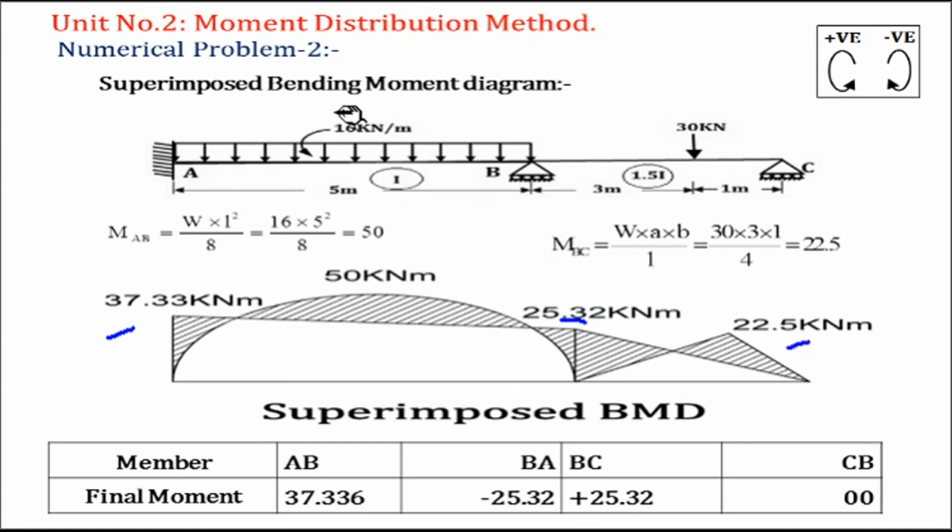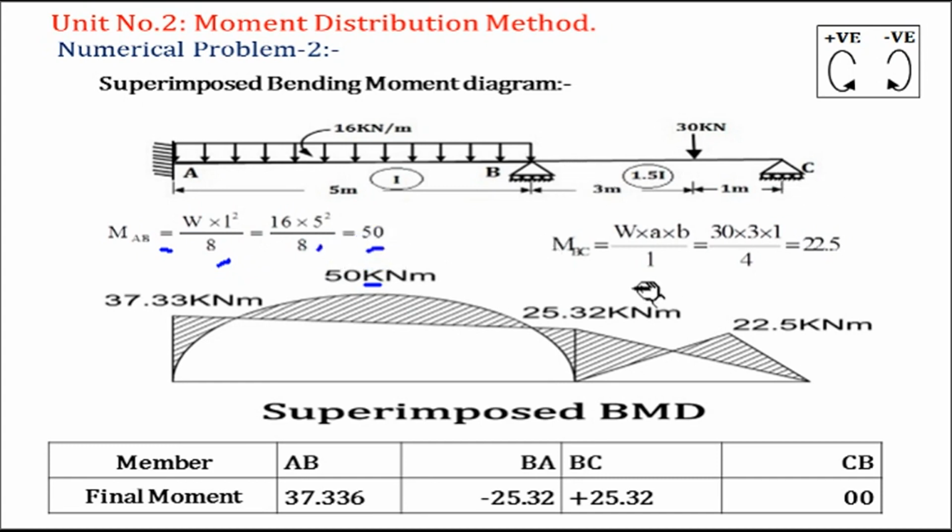Now next, after showing the fixed end moment, now show the free bending moment diagram. So how to find out? For UDL, free bending moment diagram is a parabola. So WL square by 8. W is 16 into 5 square divided by 8 is equal to 50.